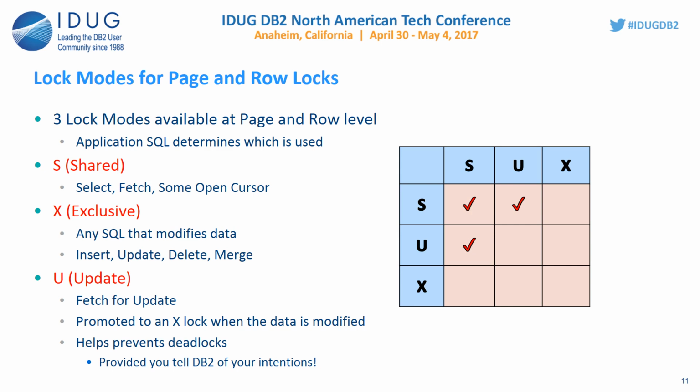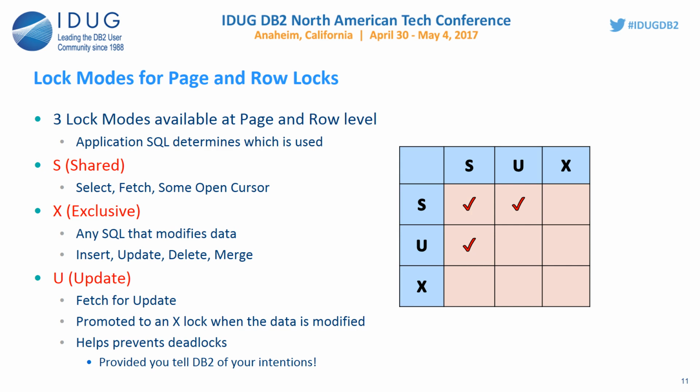All right. So you can see the lock table here. Share locks are compatible with each other. Share and update locks are compatible, but you can't hold a share lock and an exclusive lock. Makes sense? And the reason that U locks were added was to make sure that two applications didn't get deadlocks.